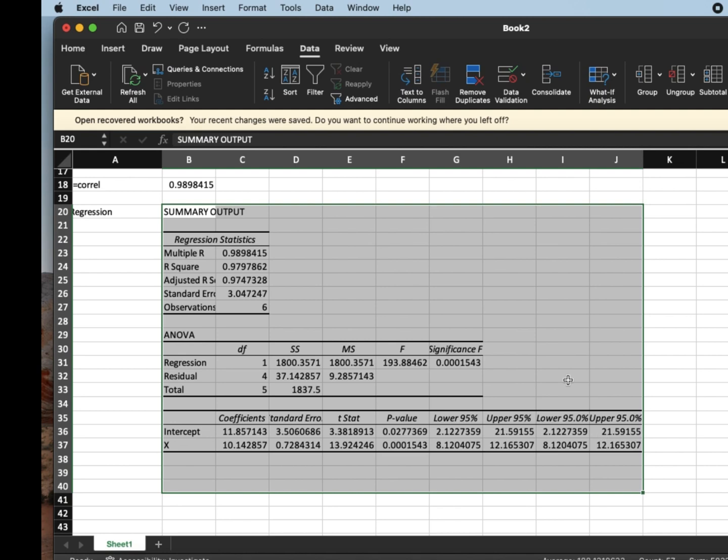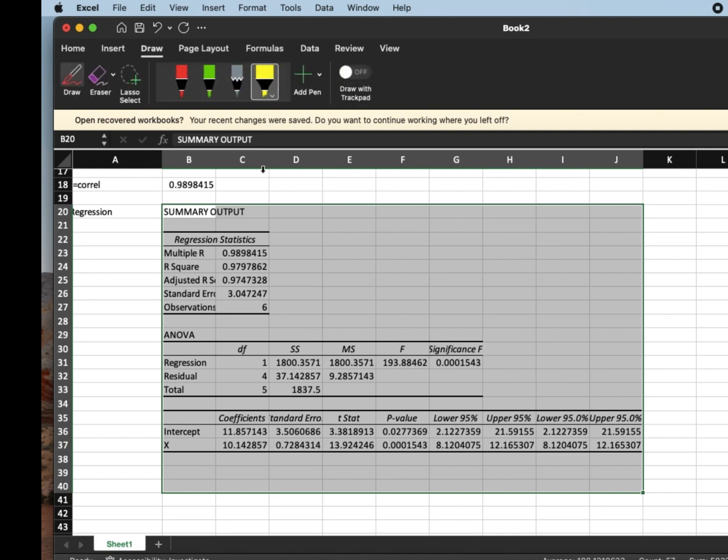Next, we are going to interpret this summary output. In the interpretation of this output, I would like to highlight the four important areas that we need to consider. Number one that we need to note is the R square. Next is the significance level.